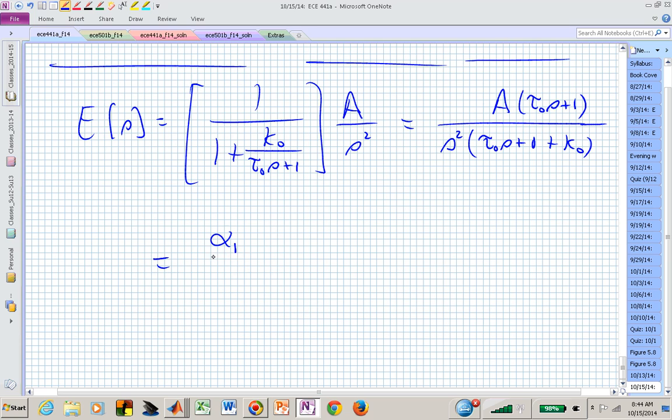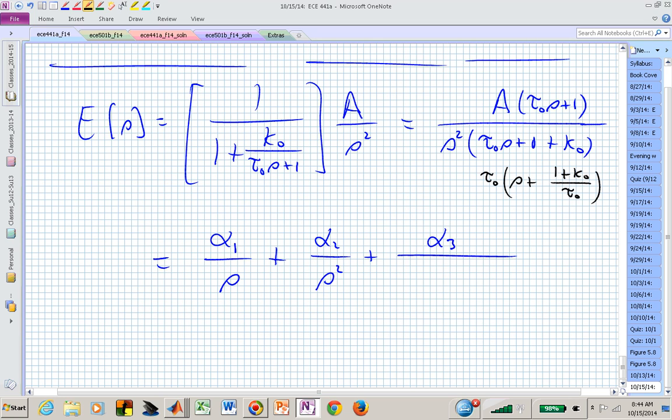We have an alpha 1 over S plus an alpha 2 over S squared plus an alpha sub 3 over, and if we wanted to, we could factor out this tau naught, and then we have an S plus 1 plus k naught over tau naught, and there's our pole staring at us. Our pole is at minus the quantity 1 plus k naught divided by tau naught.